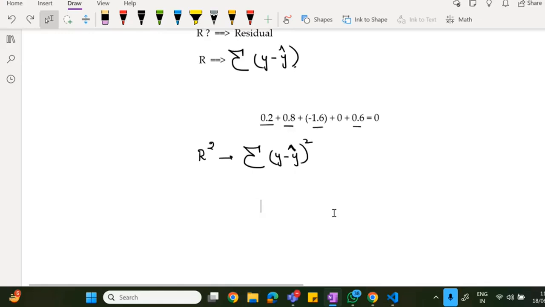This will be like 0.2 into 0.2, plus 0.8 into 0.8, plus minus 1.6 into minus 1.6.